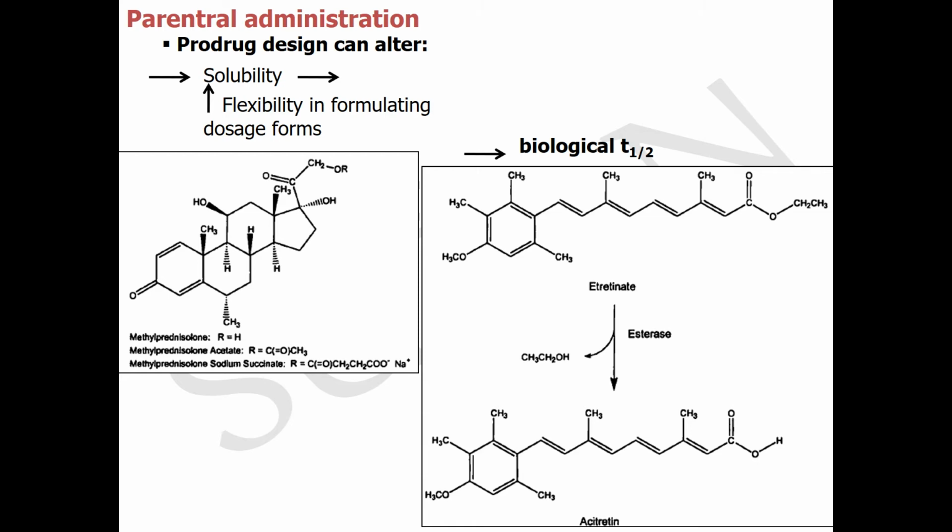If you convert it to acetate, you will have methylprednisolone acetate. R group راح تكون COCH3. فلما تحولها للأسيتيت will form highly water insoluble compound, and you can formulate it also as sodium succinate, يعني methylprednisolone sodium succinate, which is R group راح تكون COCH2CH2COO, sodium salt, sodium succinate.